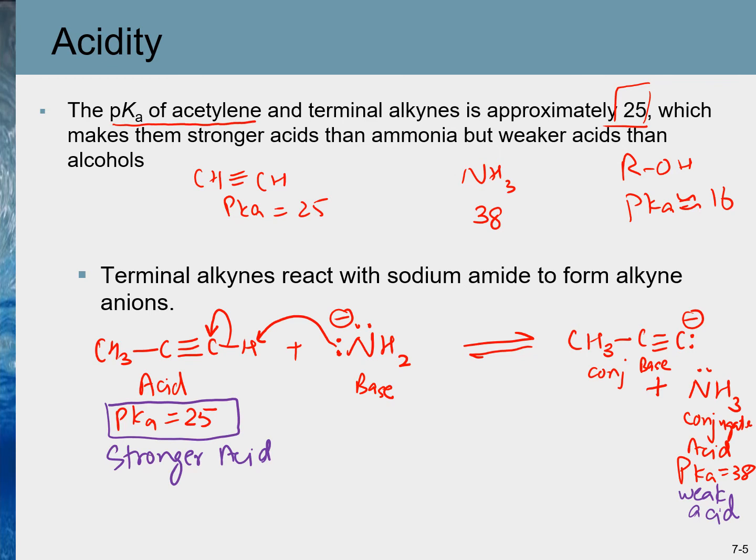So we know that an acid-base equilibrium is always favored from stronger to weaker acid. Therefore in this case the equilibrium will be favored towards forward direction. So hence in this reaction we will get an alkyne anion. So this is our alkyne anion.